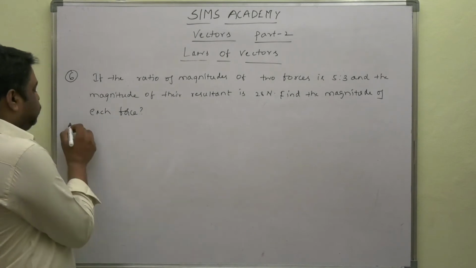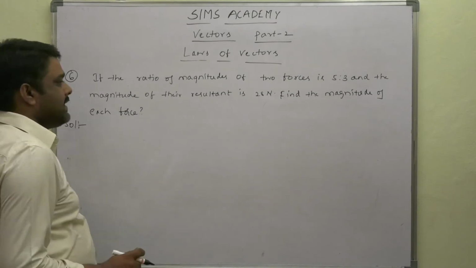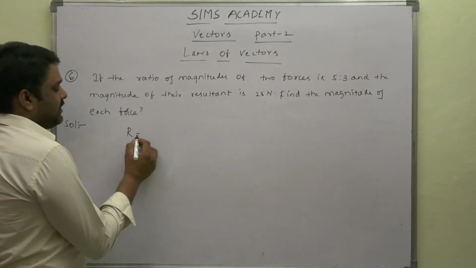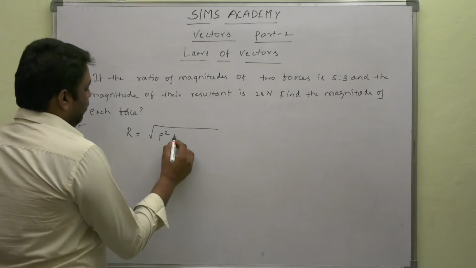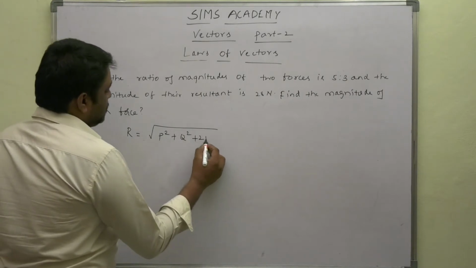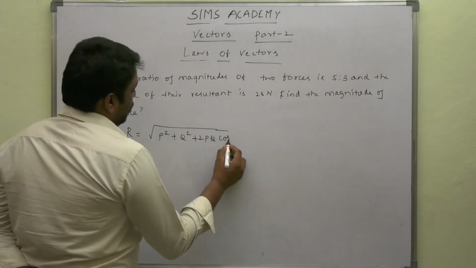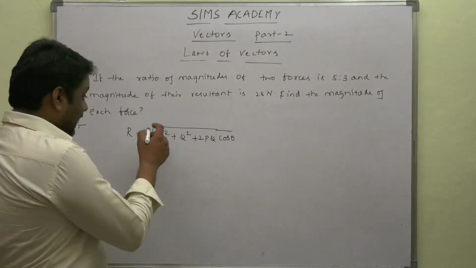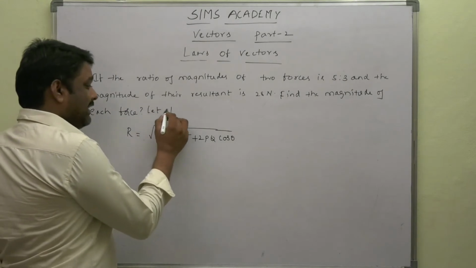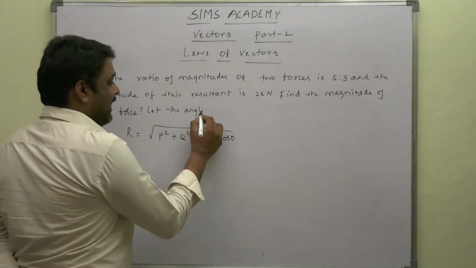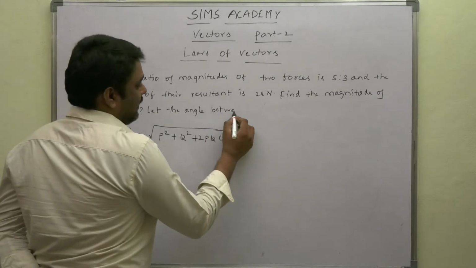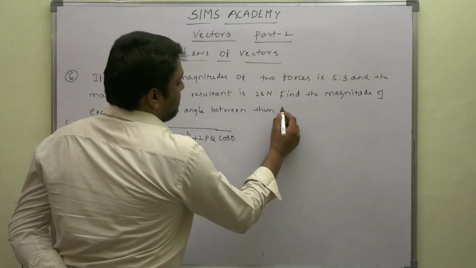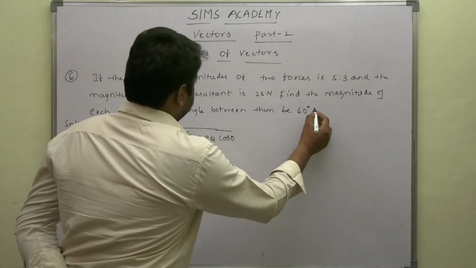Now before solving, let us recall our parallelogram law of vectors. Their resultant is given by under root of P square plus Q square plus 2PQ cos theta. Let the angle between them be 60 degrees.